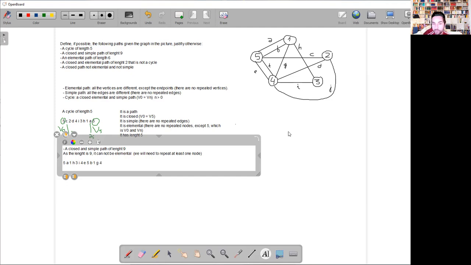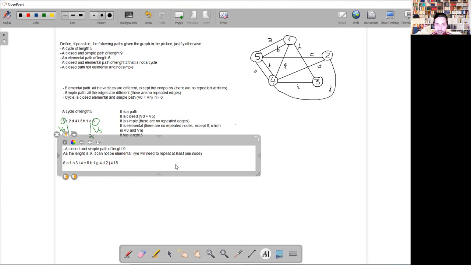Then from 4 we can't take E again because we took it already. So we can take D, and we go to 2. From 2 we take J, and we go to 4 again. And now in 4 we can't take E or D. So we take F, for instance.